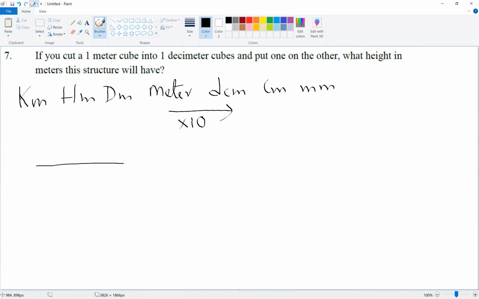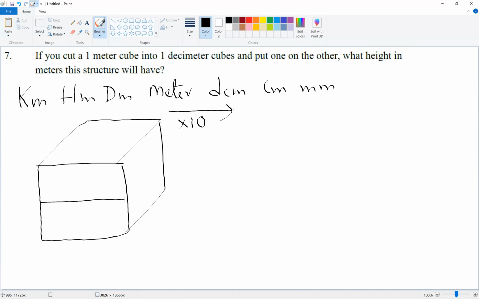So then if I have a 1 meter cube and we're going to slice it into small cubes of 1 decimeter, how many cubes do you think we'll get? 10. Only 10? No, 100. Not 100.